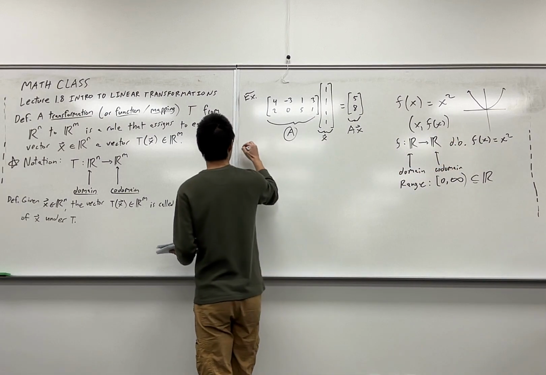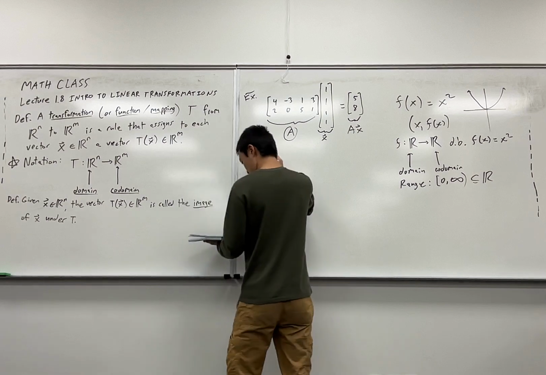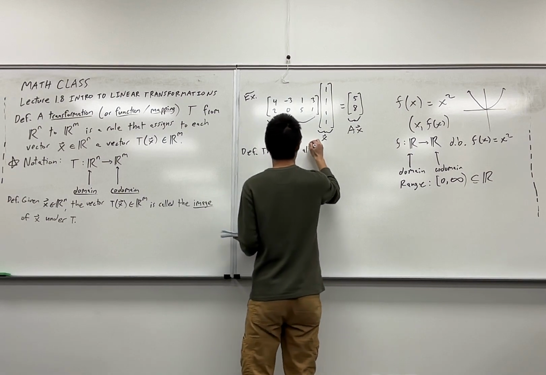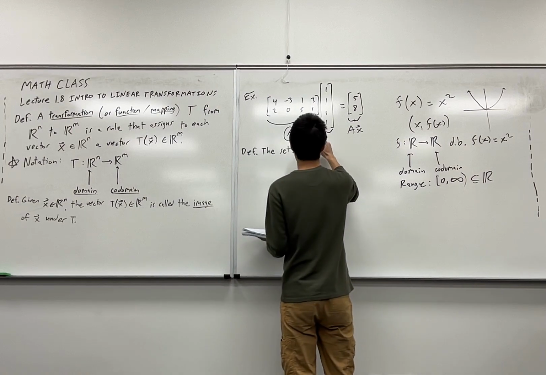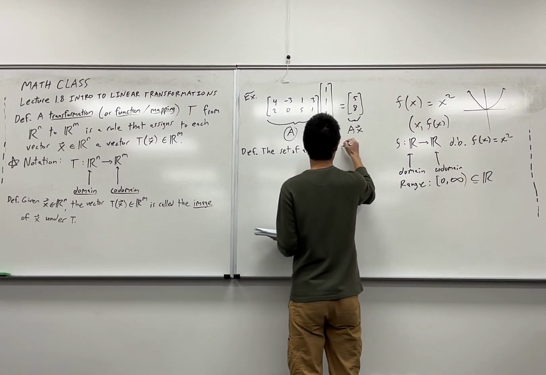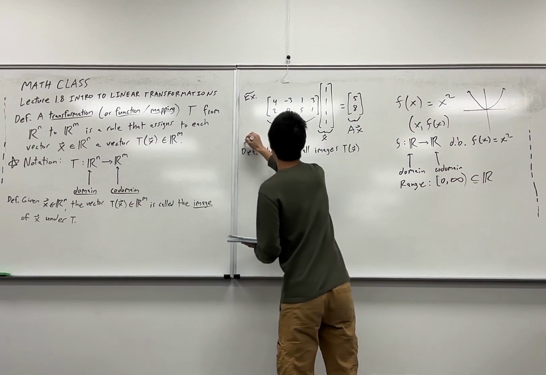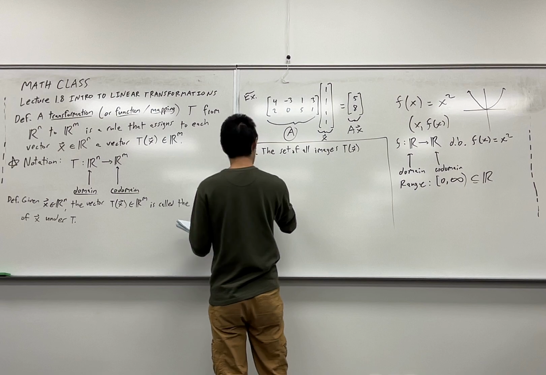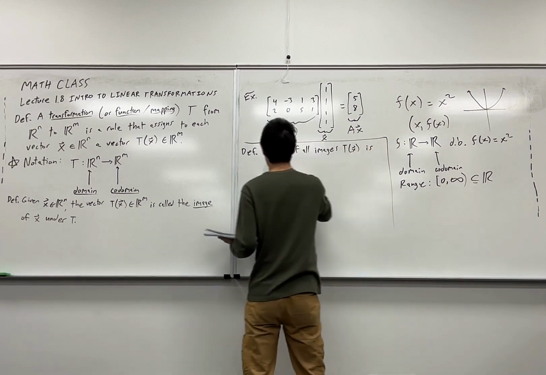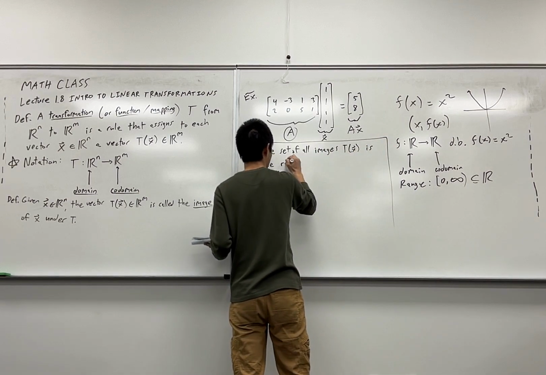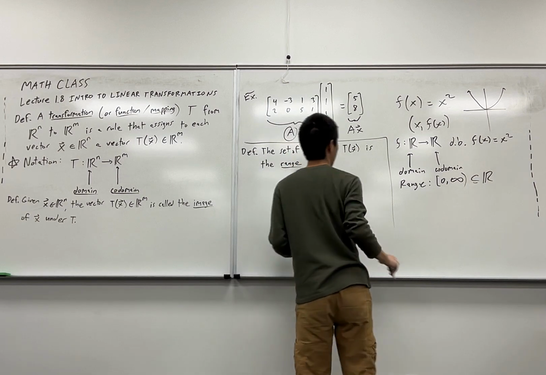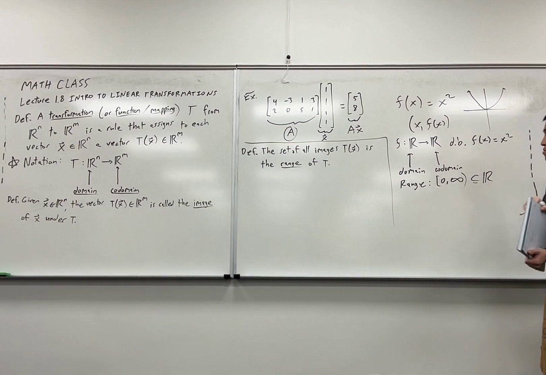So the definition: the set of all images T of x, I'll separate this out, is the range of my transformation T. Okay. Questions before we keep moving forward?